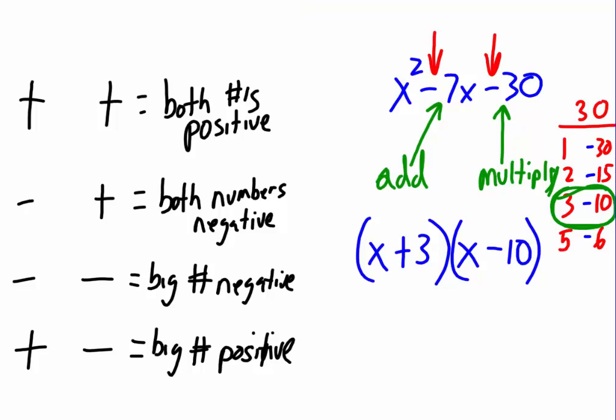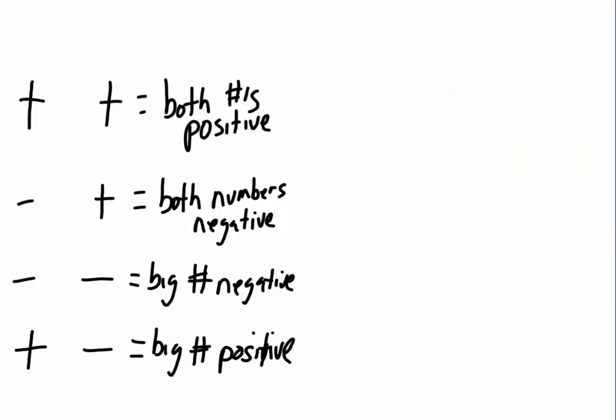Since I want to keep my cheat sheet up there, I'm going to erase each time. So the next problem I'm going to try to do is, well, I'm going to try, because who knows, I may not be able to, x squared -9x and then a +20. Again, I'm going to look at the signs. I've got a negative, positive. I look over to my cheat sheet. A negative, positive means both numbers are negative.